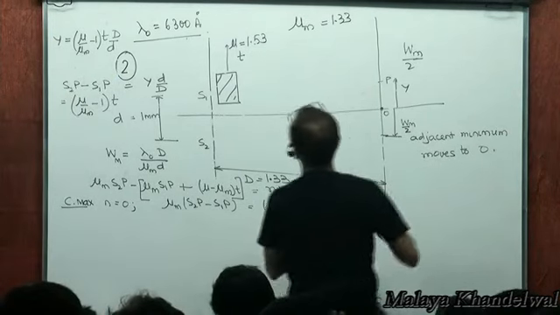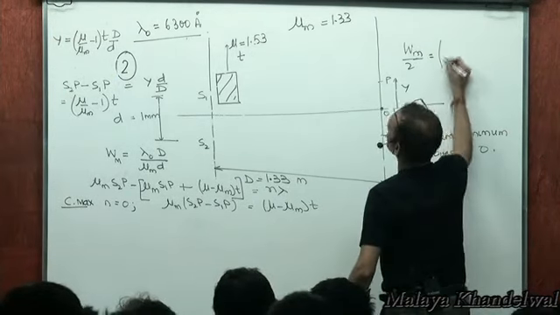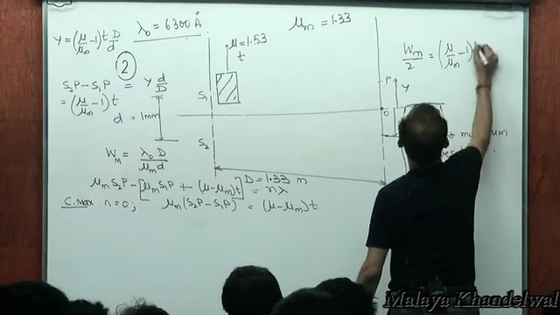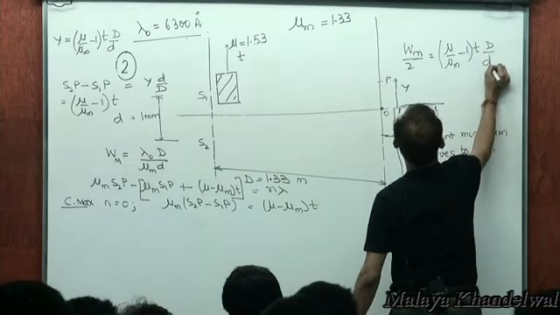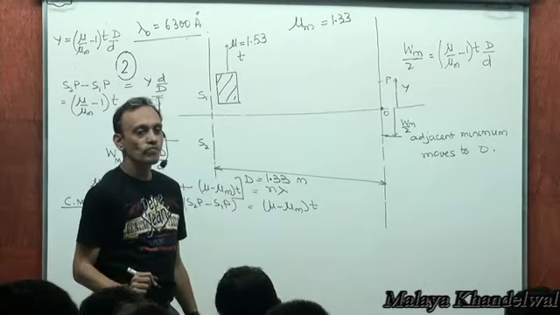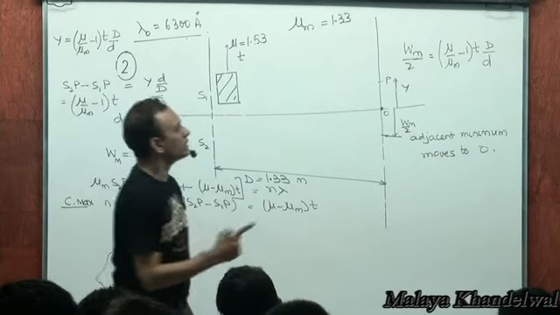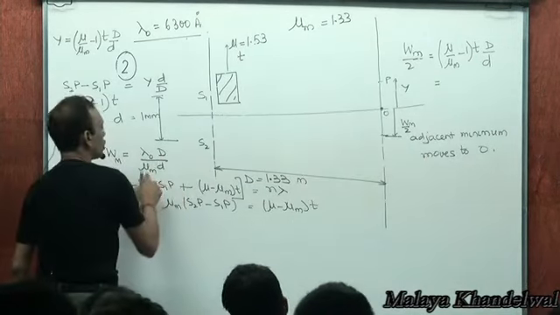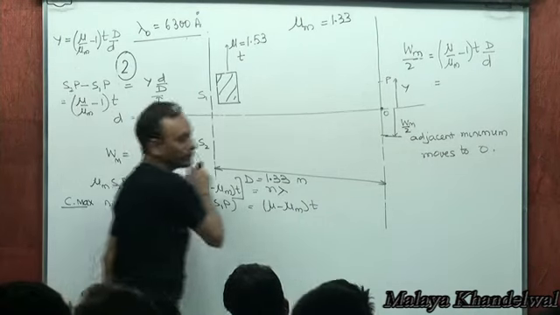So this Wm by 2 must be (mu by mu m minus 1) into t into capital D by small d. Wm, the fringe width, is lambda naught by mu m into capital D by small d.